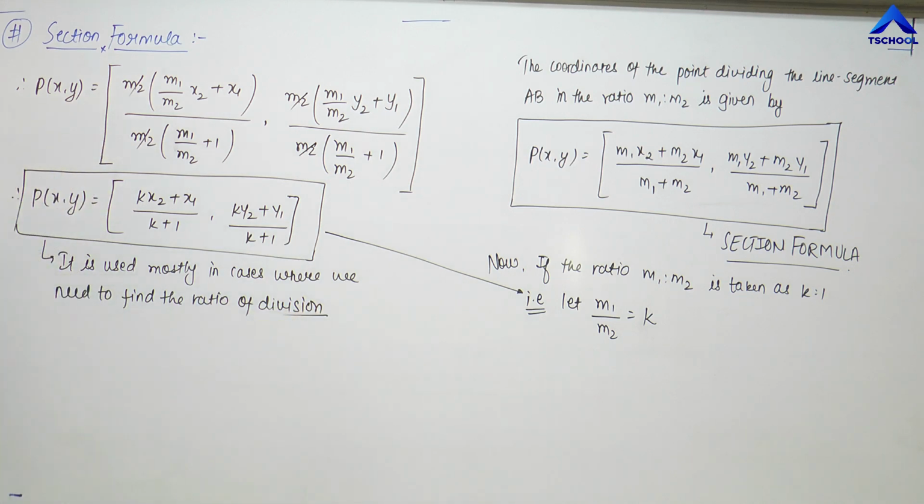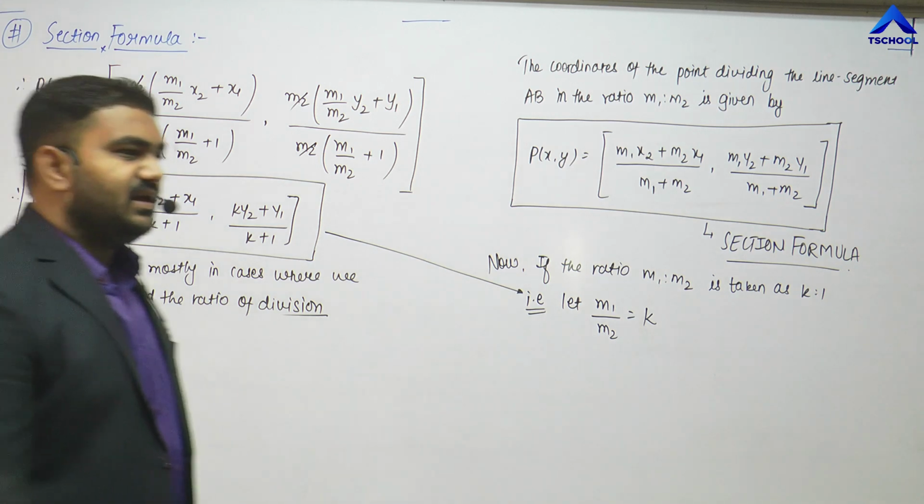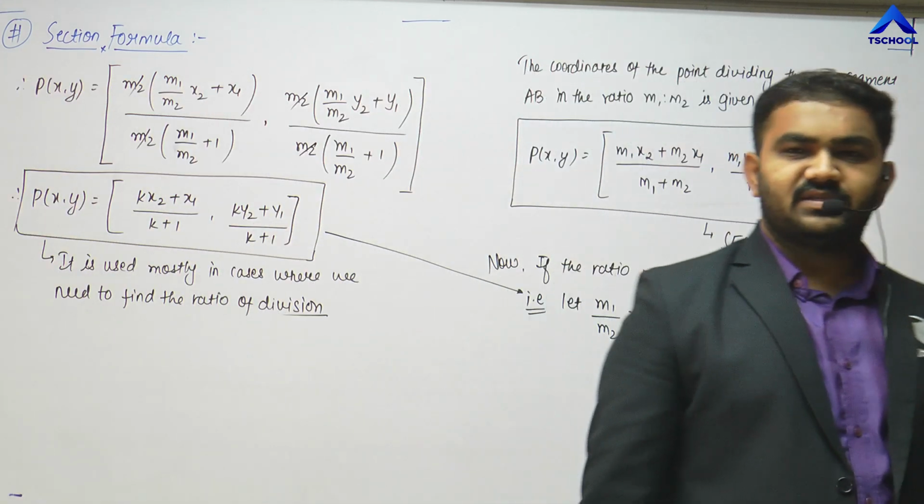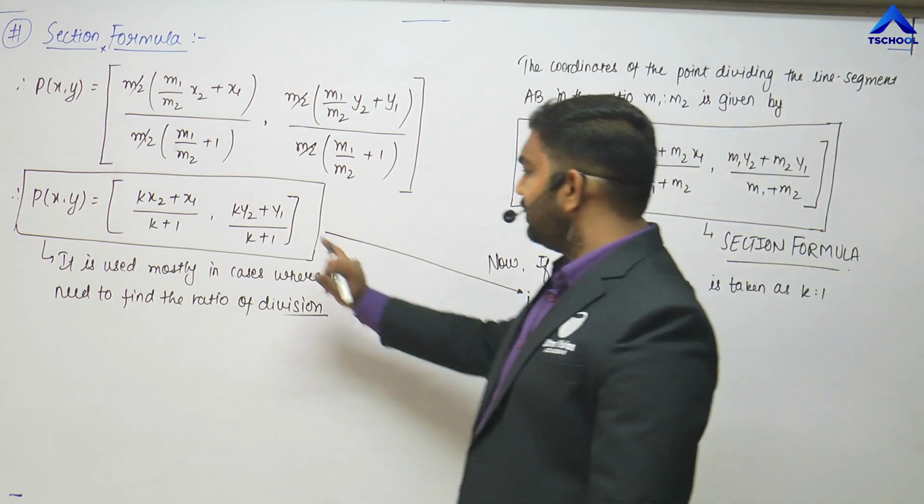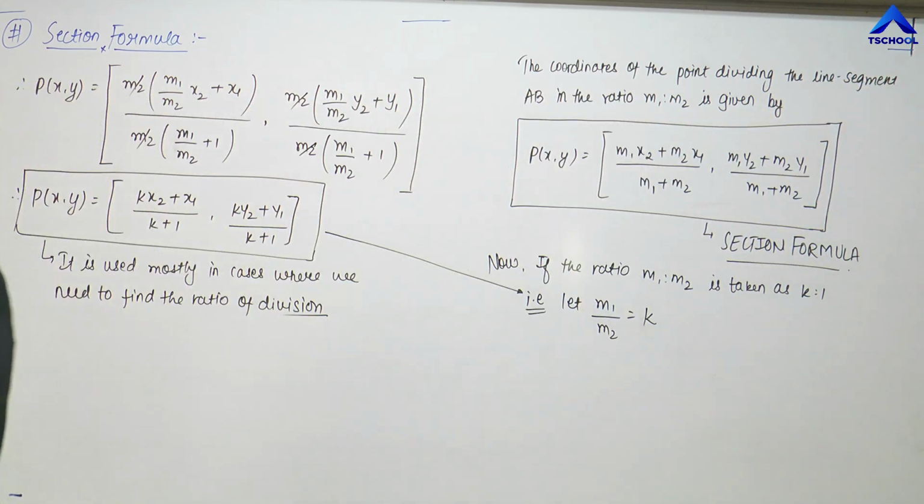In those cases we can find it by using this formula, that is P(x, y) is (kx2 + x1)/(k + 1), (ky2 + y1)/(k + 1). Okay, so that is the second thing.